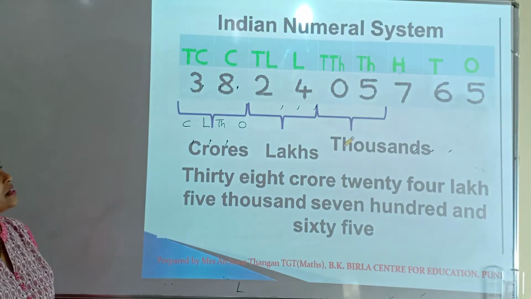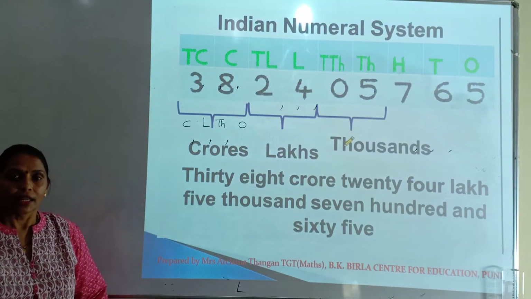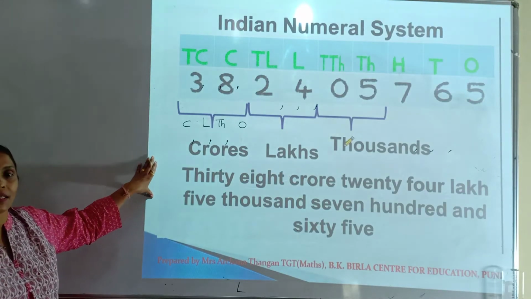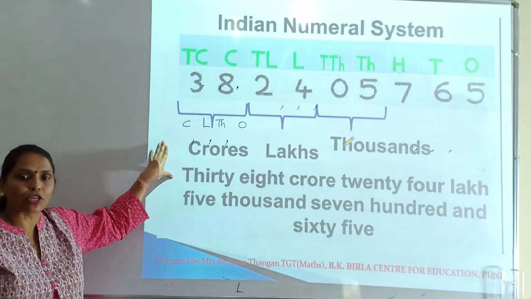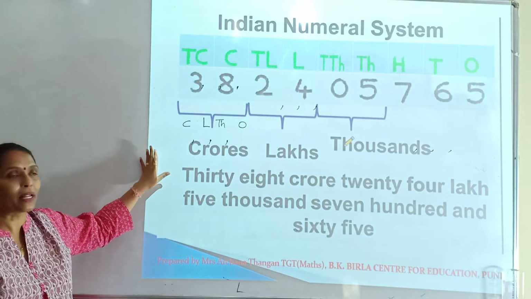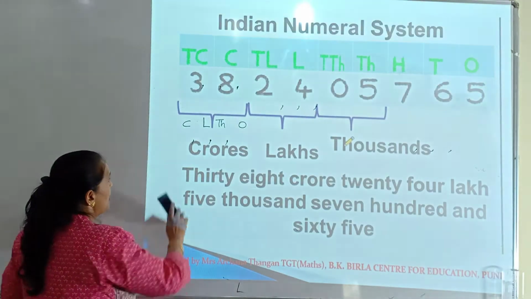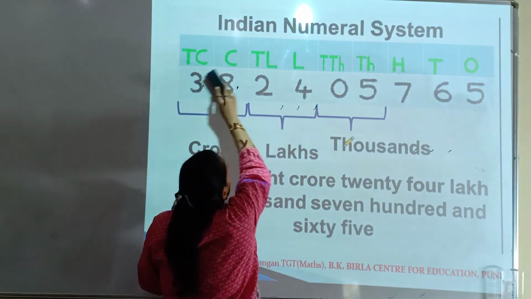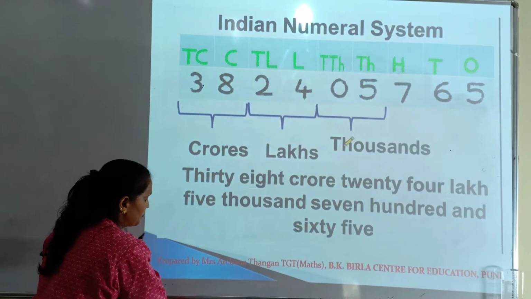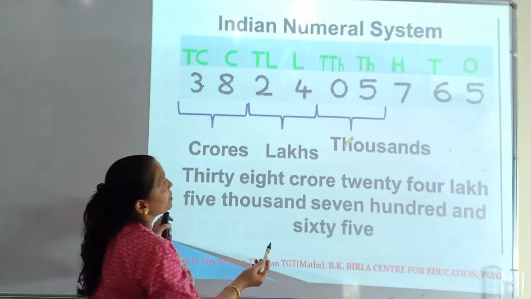After that, the Indian numeral system. In the last lesson, we learned the Indian place value chart. There we learned how many periods and places there are, and how to represent a number in a place value chart. Here, how many periods are there?